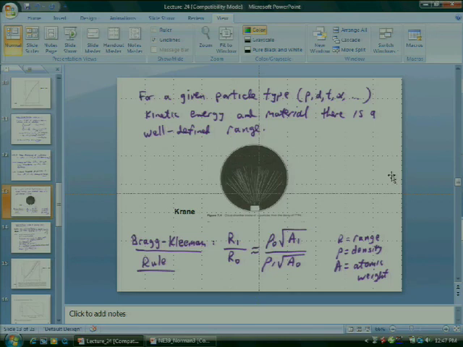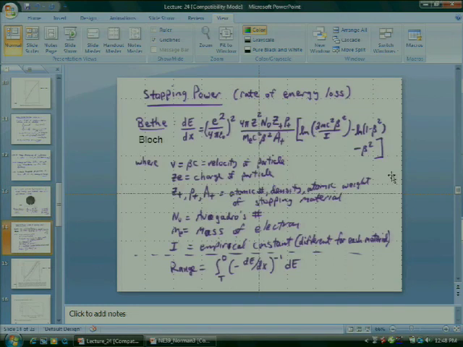And there's a formula, which we'll see in a minute, for calculating the range or the energy loss of particles in a material. Once you figure that out for one material, it's relatively easy to figure it out for other materials using the so-called Bragg-Kleeman rule, that the range in one material is related to the range in another, and it basically depends on the densities of the two materials and the atomic weights of the two materials. Okay? This is a very empirical relationship that was discovered.